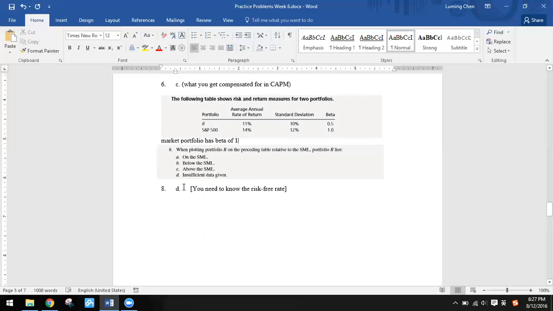The correct answer is D. There's insufficient data because we only know the market portfolio and this specific portfolio. We don't know the treasury bill rate. So we cannot decide from CAPM what is the expected return on this portfolio. So first we need to know the risk-free rate.